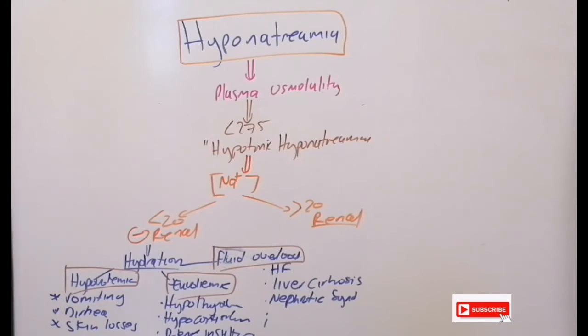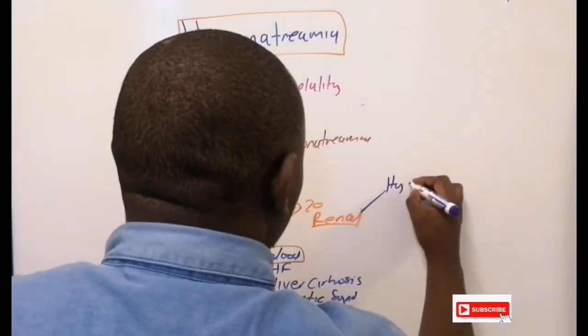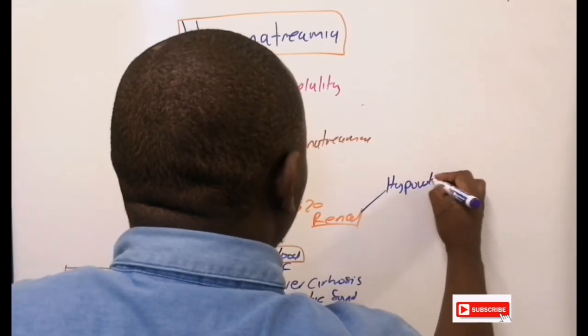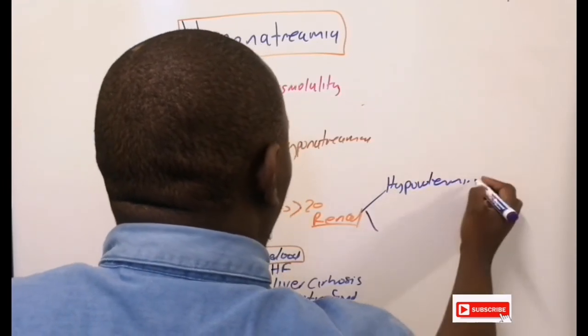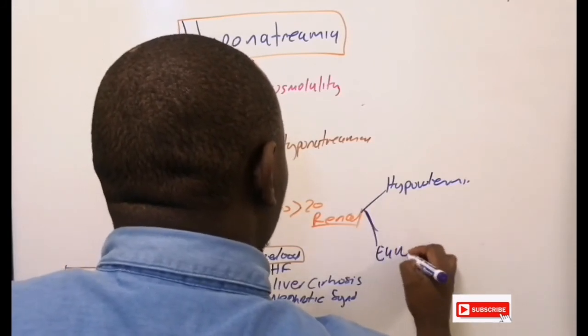So if you've got hyponatremia and you've got a concentration of sodium that is more than 20, then that's a renal loss. Things that can give you a renal loss are things like, okay, there you also need to classify it first, just like here. Look at the fluid status of the patient again. Is the patient hypovolemic, or is the patient euvolemic?